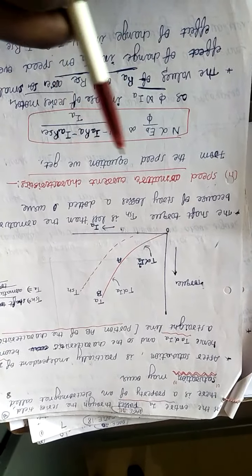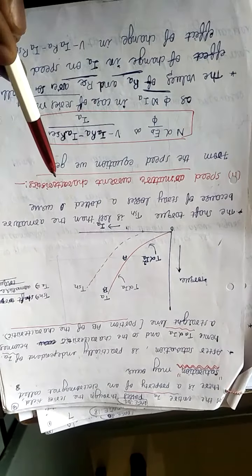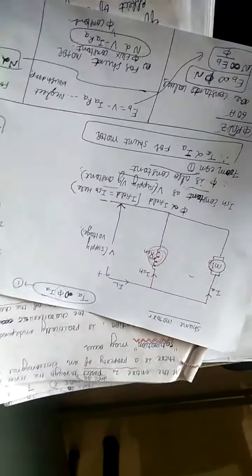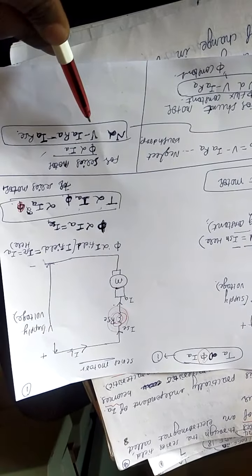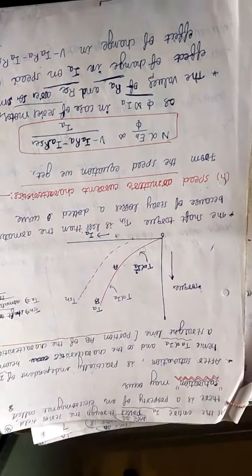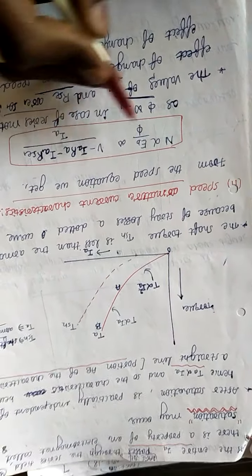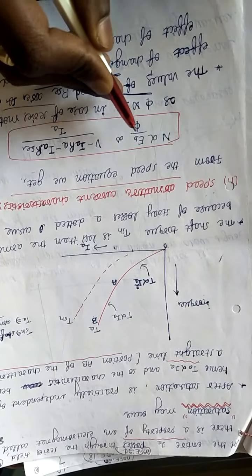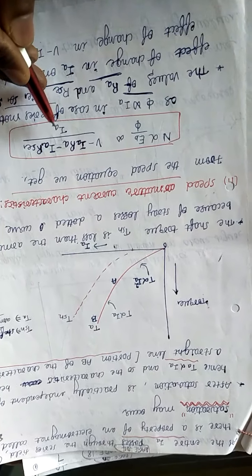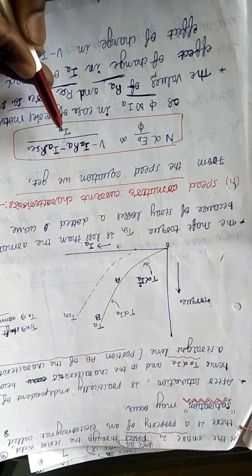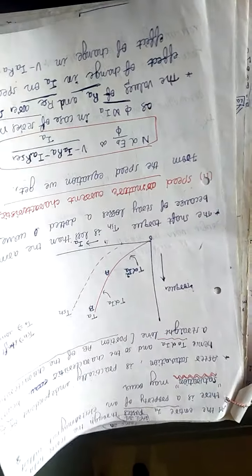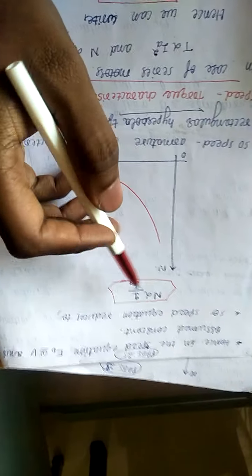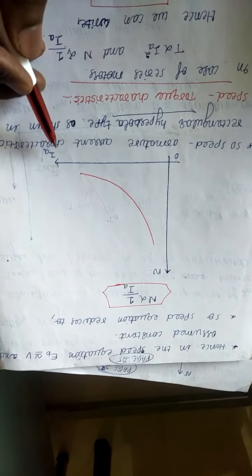Then you have the speed-armature current characteristic, which you get from N equal to V minus Ia Ra minus Ia Rsc, divided by flux. In the case of the series motor, the flux is directly proportional to armature current Ia, so in place of flux you write Ia. Here the speed of the motor is inversely proportional to the armature current.